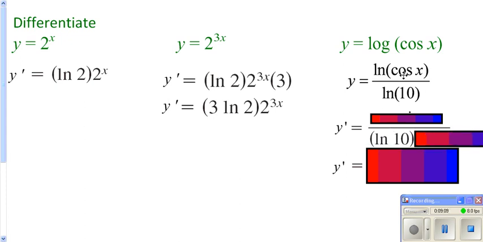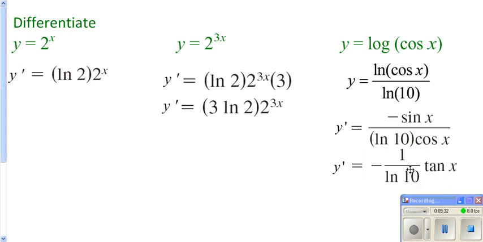So now I have to do the derivative of this. Derivative of a natural log says it's 1 over what was after your log, so the cosine of x is in the bottom. But then you have to multiply it by the derivative of the inside. The inside is cosine. Derivative of cosine is negative sine. Well, that simplifies a little bit. Sine over cosine is tangent. So it's really a negative tangent times your 1 over your natural log of 10.